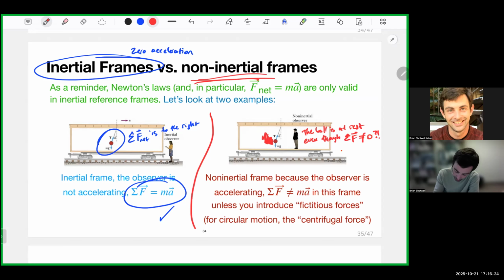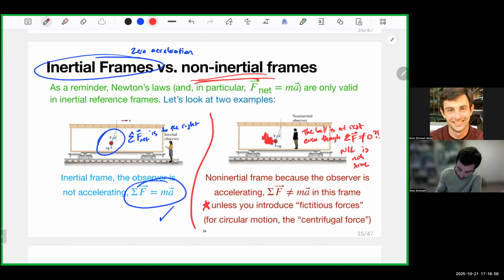So Newton's first law is not true, according to this non-inertial observer. And that's right, Newton's first law is not true. There's a net force, but the ball's at rest. So are Newton's laws garbage? Well, you have to keep in mind that these laws are only true in an inertial frame. If you have a non-inertial observer, or a non-inertial frame, same thing, these Newton's laws are not true.